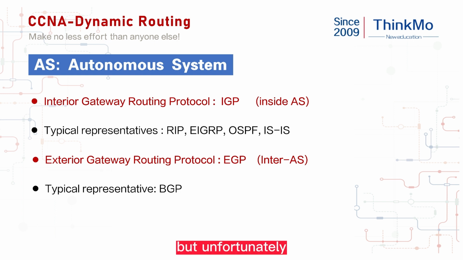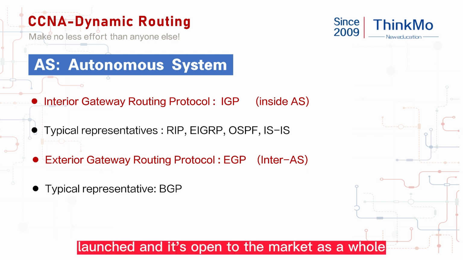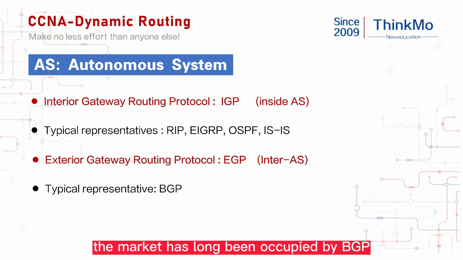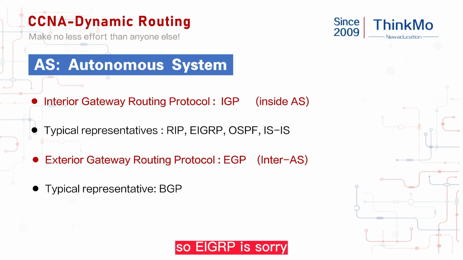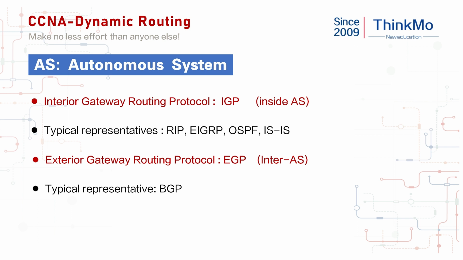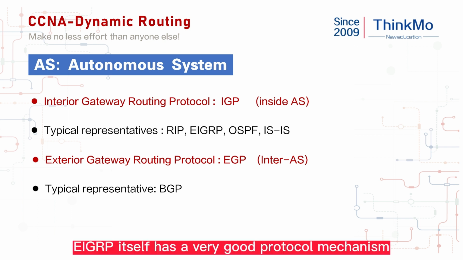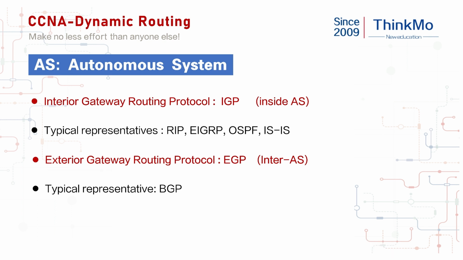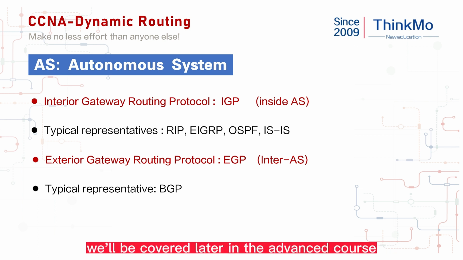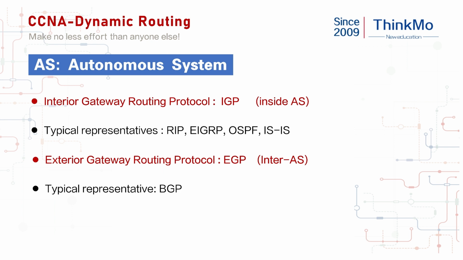But unfortunately, when it launched and opened to the market as a whole, the market had long been occupied by BGP. So EIGRP is sorry. Many functions have been developed, but in the end it was not put into use. EIGRP itself has a very good protocol mechanism. I just want to make it easy for everyone to understand. It will be covered later in the advanced course.